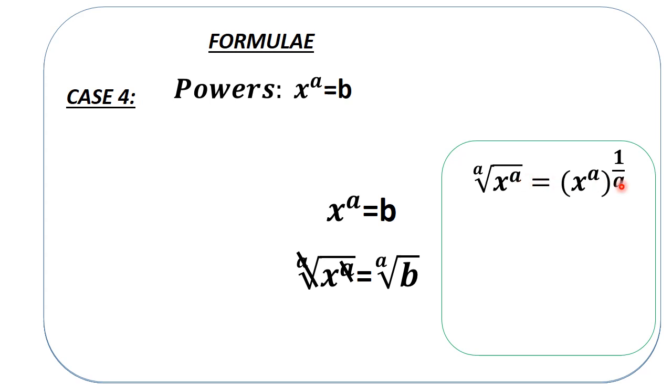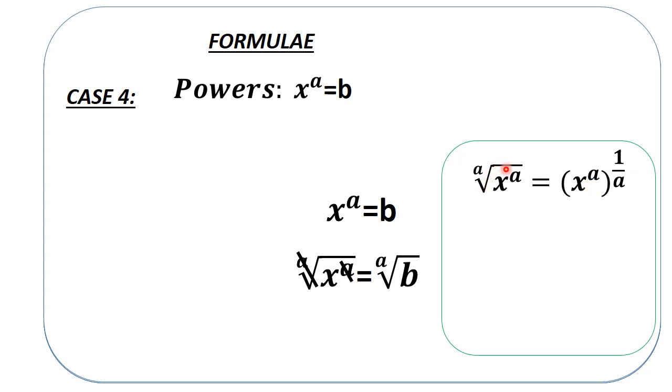How so? x power a, 1 over a. If they have asked you to simplify this, what you're going to do is introduce the a-th root so that you get rid of this a. So the whole thing is going to be in brackets, power 1. And anything power 1 is just the same thing, so we can forget about the 1. So in short, this and this are one and the same thing.